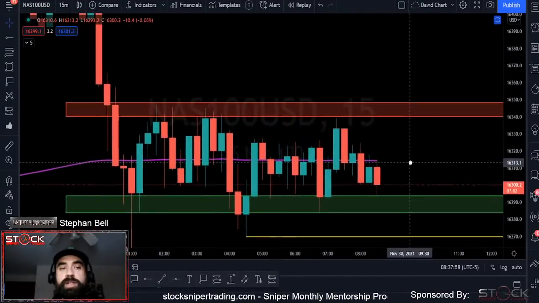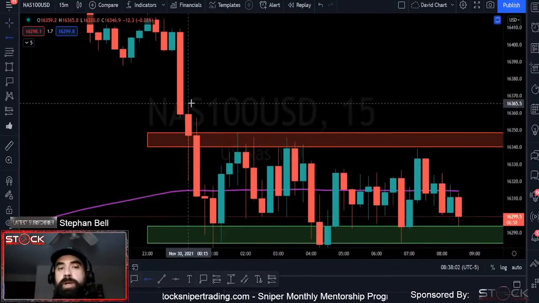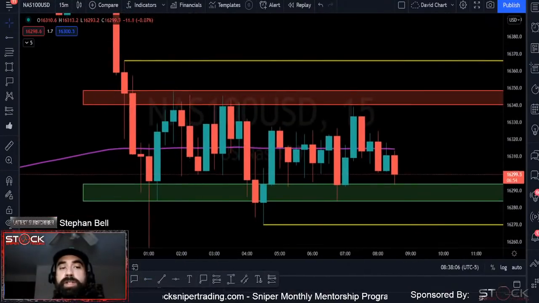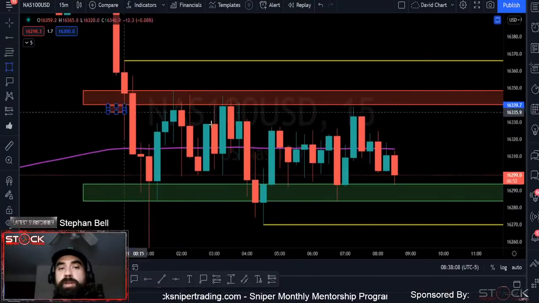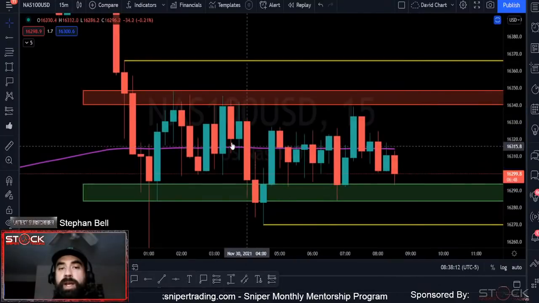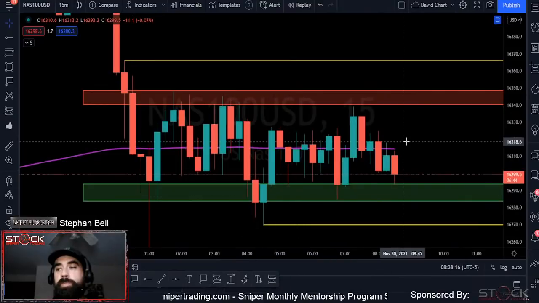Similar to up here, guys, what's barcode? That's a great question. That's consolidation. So this is consolidating on the 15-minute. You can see right here, consolidation, not making any kind of upward move above supply or below demand.